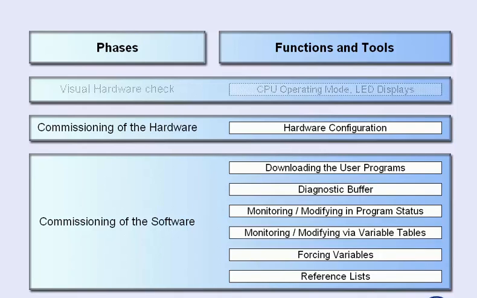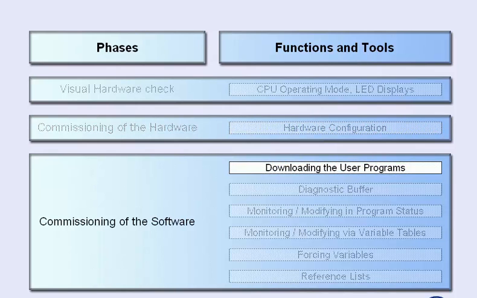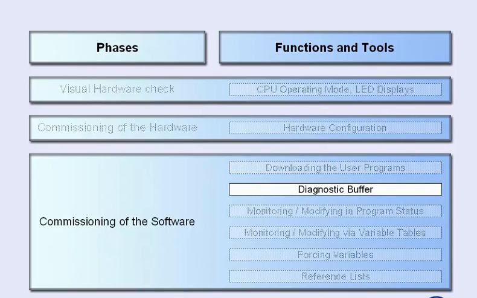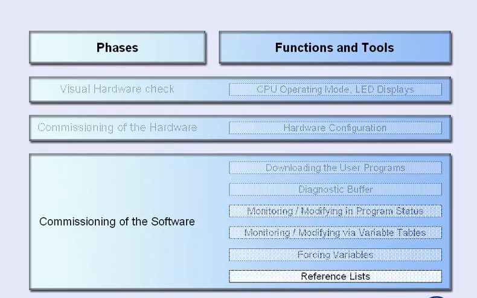In summary, this means quick and reliable setting of parameters with the editor of the hardware configuration, convenient commissioning by means of simple loading of changed program blocks during running operation, clear and targeted analysis of system or process failures by means of the diagnostic buffer, structured and convenient program model test by means of monitoring, modifying, and force functions, practice-relevant support by means of extensive information functions such as program structure, cross-reference list, or assignment list using reference lists.